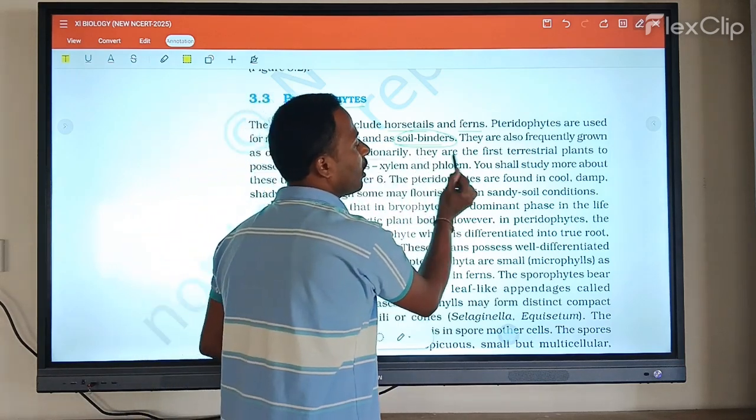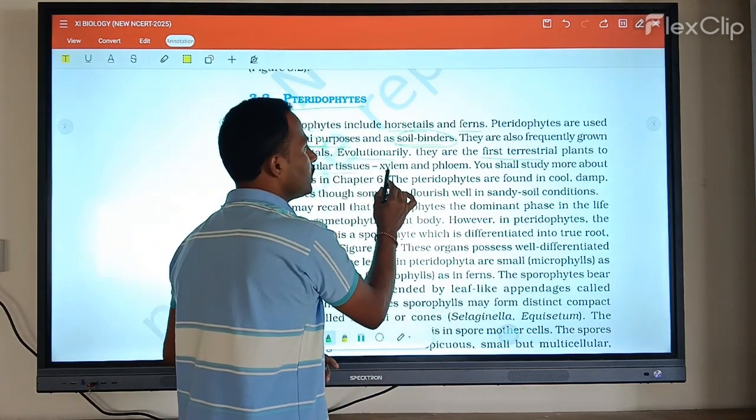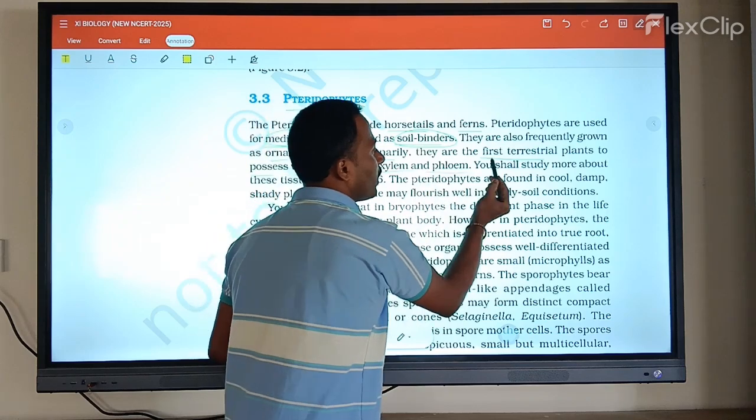Evolutionarily, they are the first terrestrial plants to possess a vascular system or vascular tissue, the xylem and phloem.